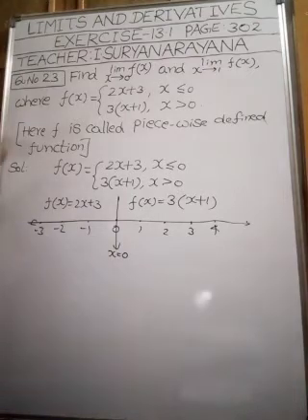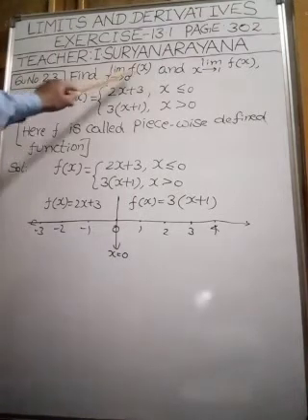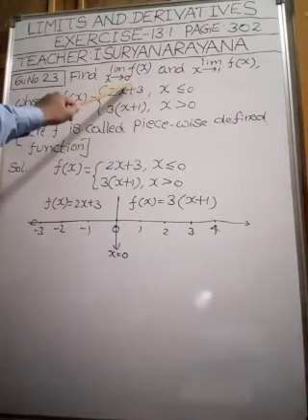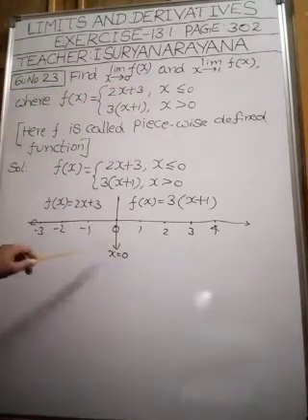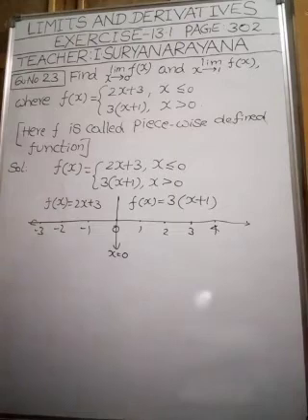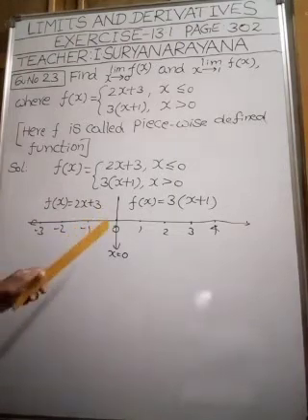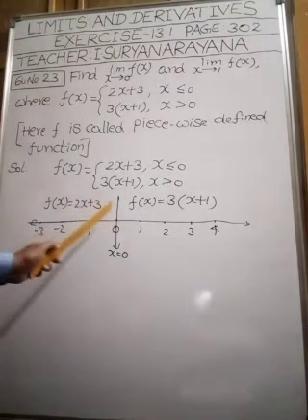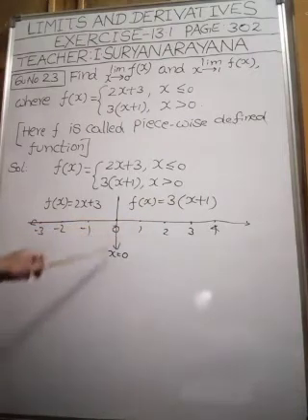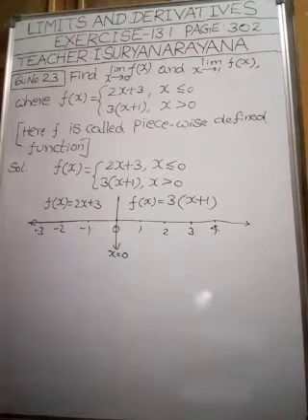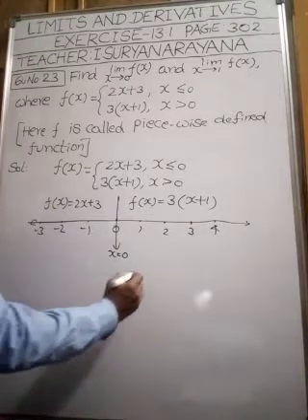Now we have to find the limit of f of x as x is approaching 0. At this particular point they have asked for the limit, isn't it, my children? So we have to find two types of limits. Those are the left hand limit and the right hand limit.